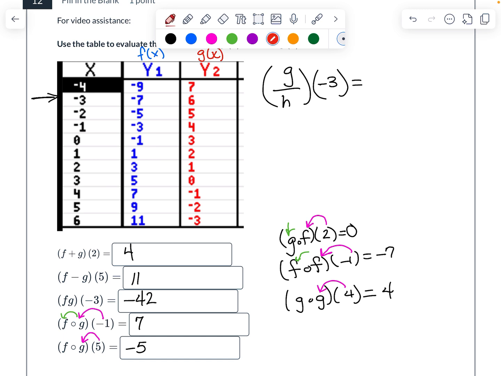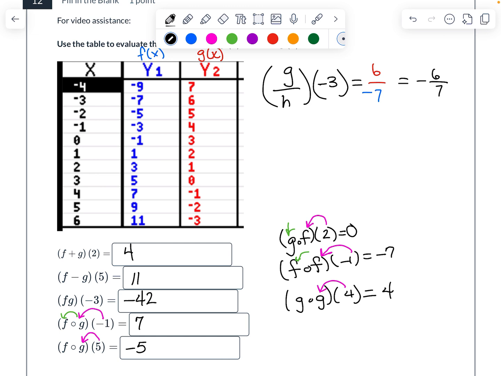And g is 6. And h is negative 7. So the answer is negative 6/7. So don't let it bother you. Just remember the number in the parentheses is the value of x.